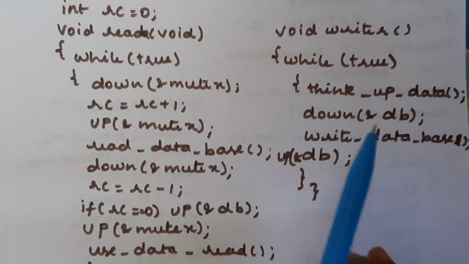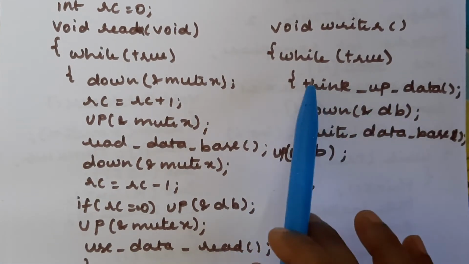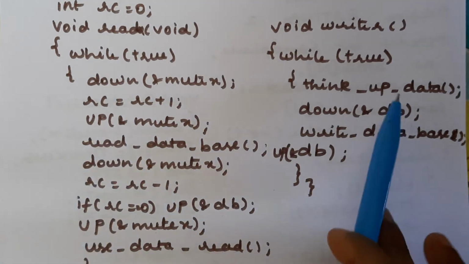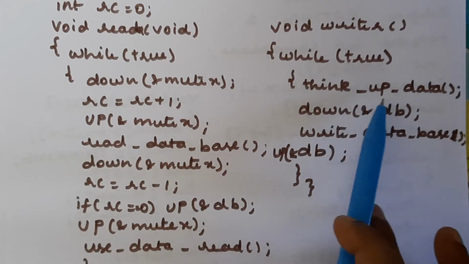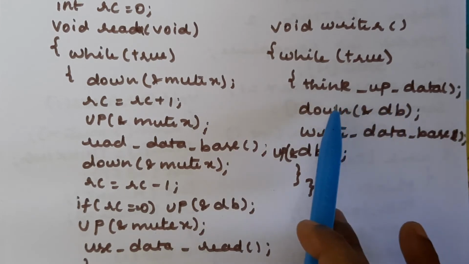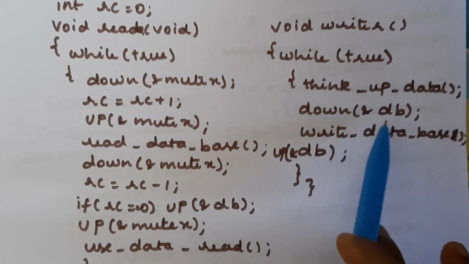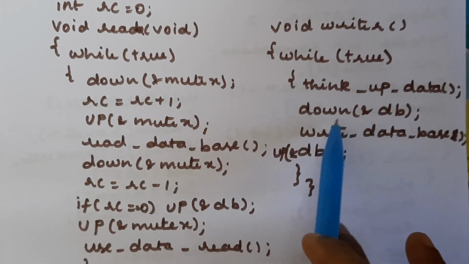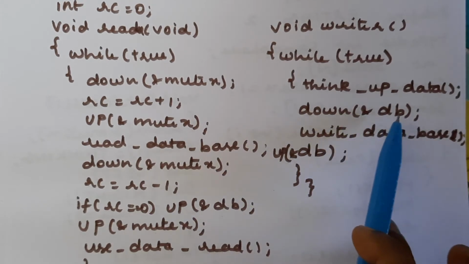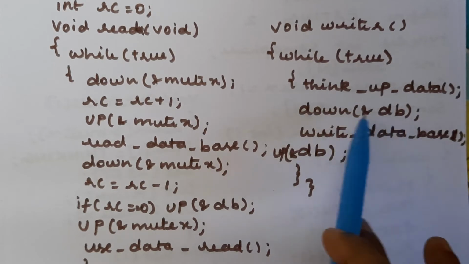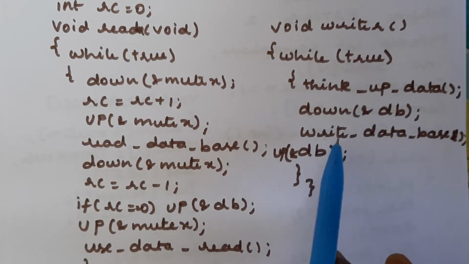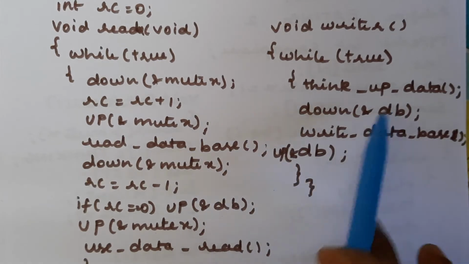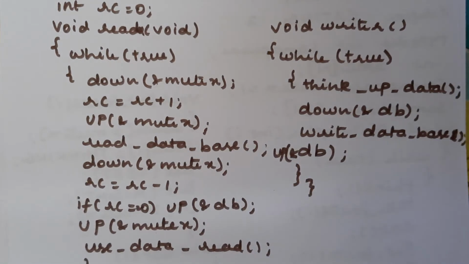So let us now write a process. Here we have think up data, which is nothing but some non-critical region. So initially the writer process will be in the non-critical region. Then when he wants to access that common data, he is supposed to perform the down operation on that particular variable, that is db. It is a semaphore variable, so he will perform it. And then write database, so updating the database, and then he will release that particular exclusive access.